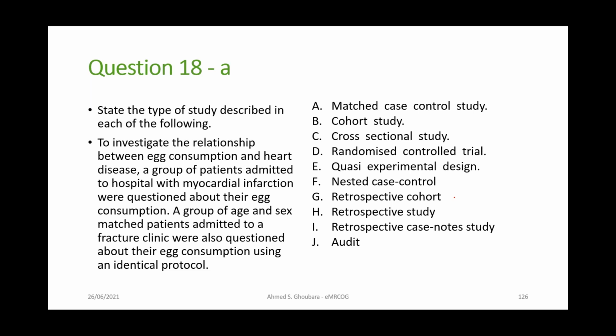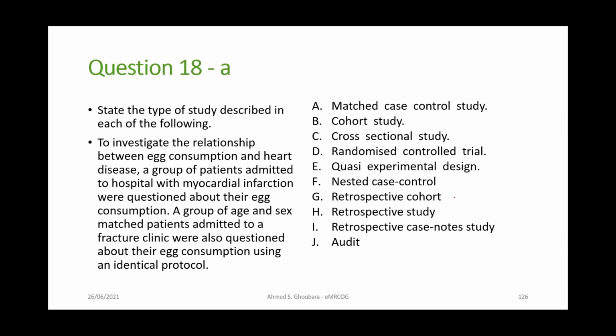So you're investigating a relationship between egg consumption and heart disease. A group of age and sex matched patients. I told you it's important to know the matching case control. So you match the cases on age and sex to make egg consumption the only thing. You start with the heart disease.